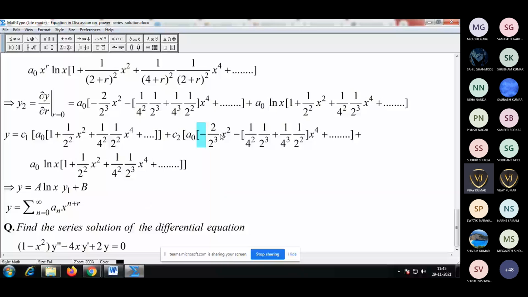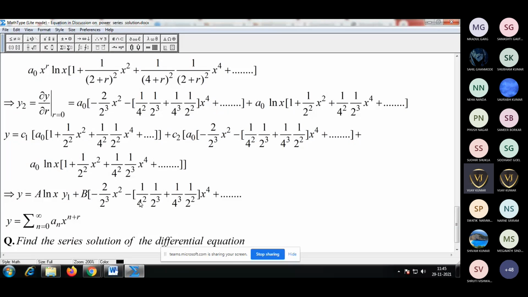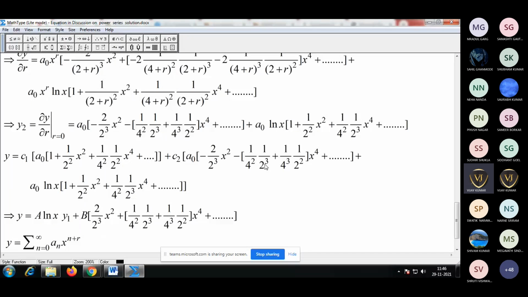Then plus this term, and so on. So this is the complete solution of the equation when the roots are equal.